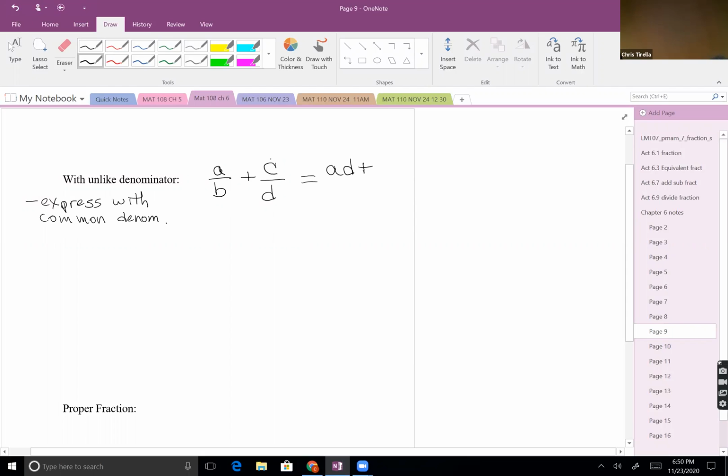The second fraction, I'd have to multiply by B over B. So that would give me CB in the numerator. And we'd have that common denominator of BD. In the same way, if I had A over B minus C over D, that would give me AD minus CB over BD. And then, of course, with either one of those, you would reduce it if possible.